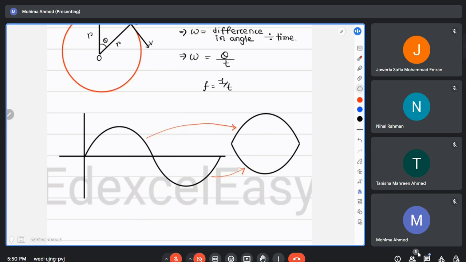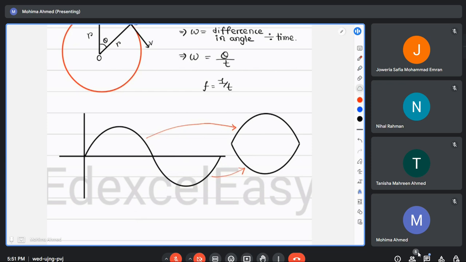It has nothing to do with interference or anything. Okay, I'm sorry. No problem. Interference and superposition are not related.